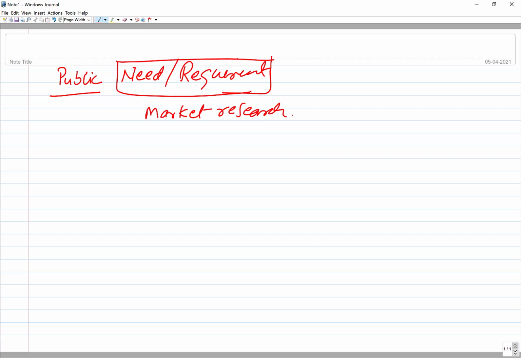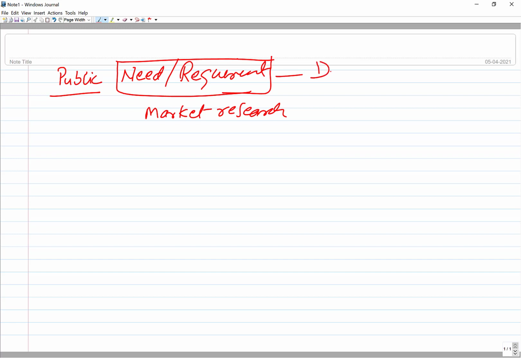And once we know the kind of things that the public is looking for, based on those, suitable products with the required design features are designed and developed.